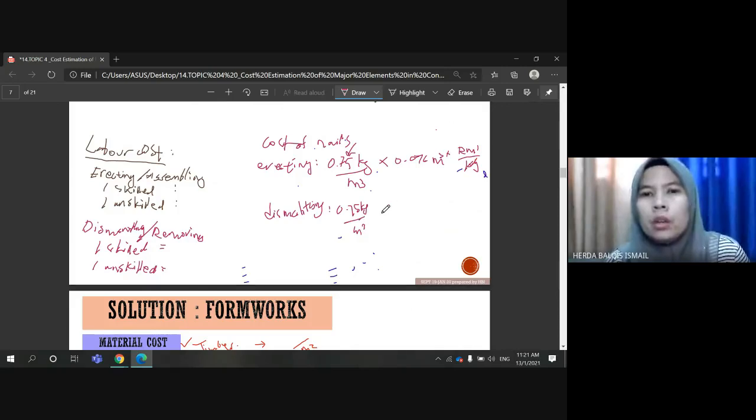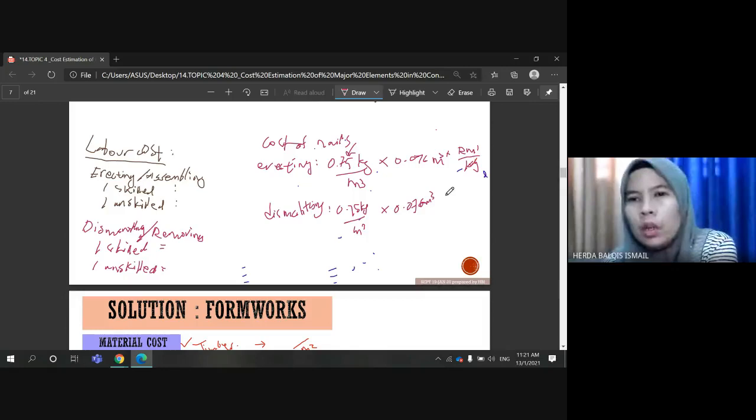The volume of timber required for the slab is 0.076 cubic meter as calculated, and the price of the nail is 1 ringgit per kilogram. So you get the cost of nail for erecting and for dismantling.